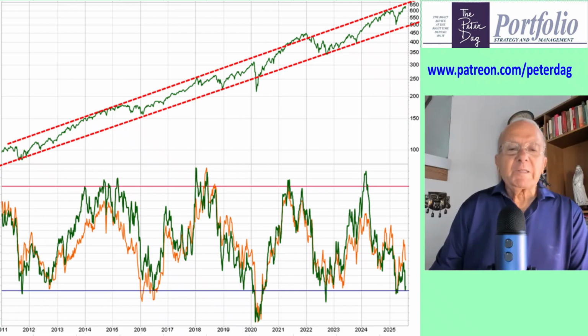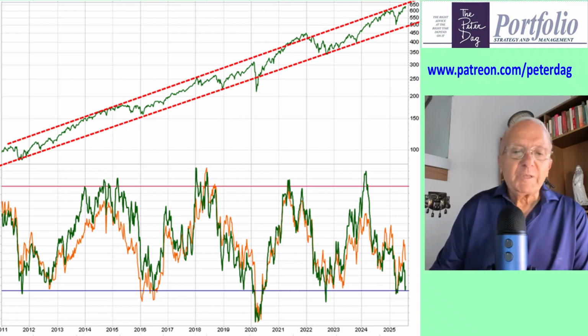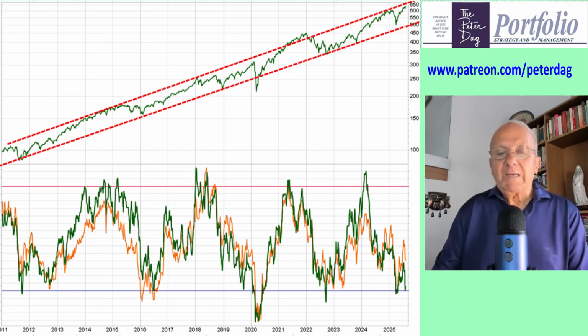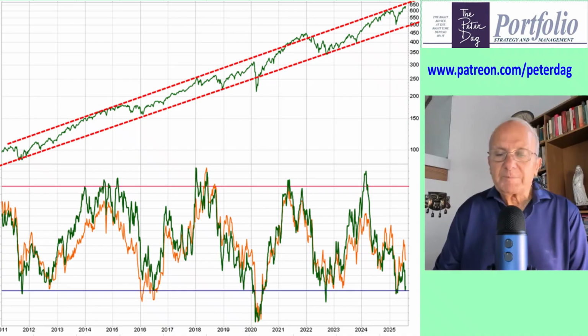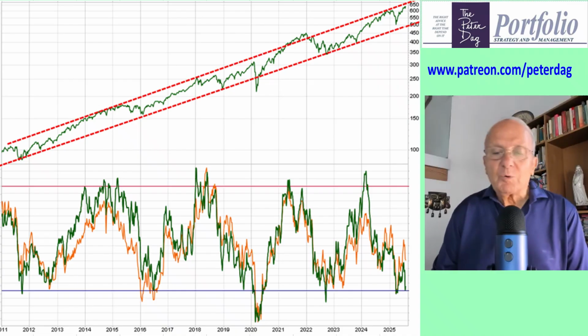One important thing about this chart is that from this peak to this peak to this peak to this peak is roughly 3.5 to 4 years. So this peak was in 2024.